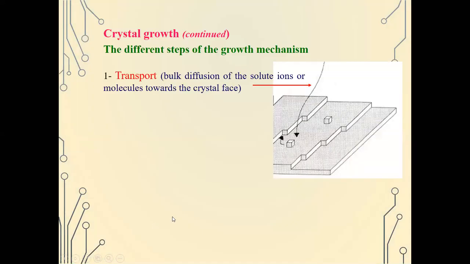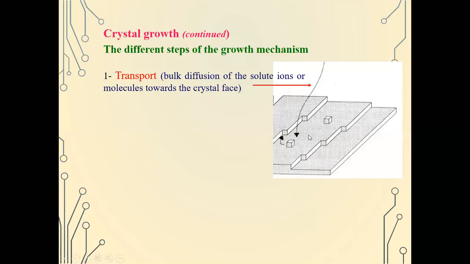So the first step in the growth is the transport or the bulk diffusion of the solute ions or molecules towards the crystal surface. They get transferred from the solution, they solidify out, and then attach themselves on any of the bonding sites mentioned in the previous slide. So it could be on the terrace, it could be on the step, or it could be on the kink, wherein you have three bonds.